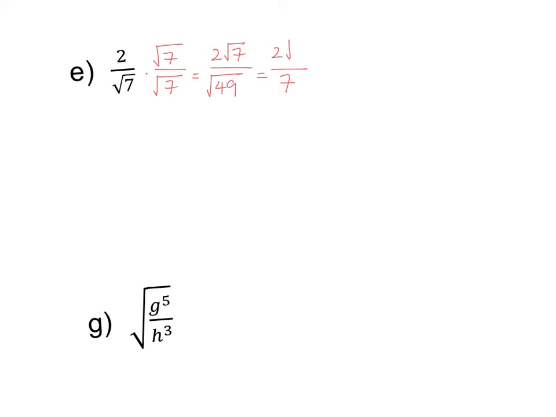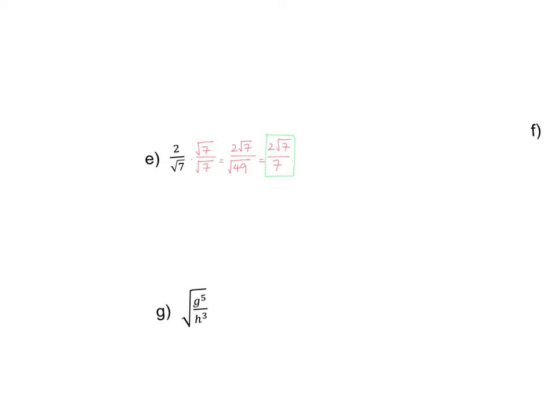And notice that when you multiply a root by its same root, it removes the square root, leaving whatever numbers are inside. So now you don't have a radical, and you have rationalized the denominator. That is what we refer to as rationalizing: getting rid of the root from the denominator. All right, let's try f here.